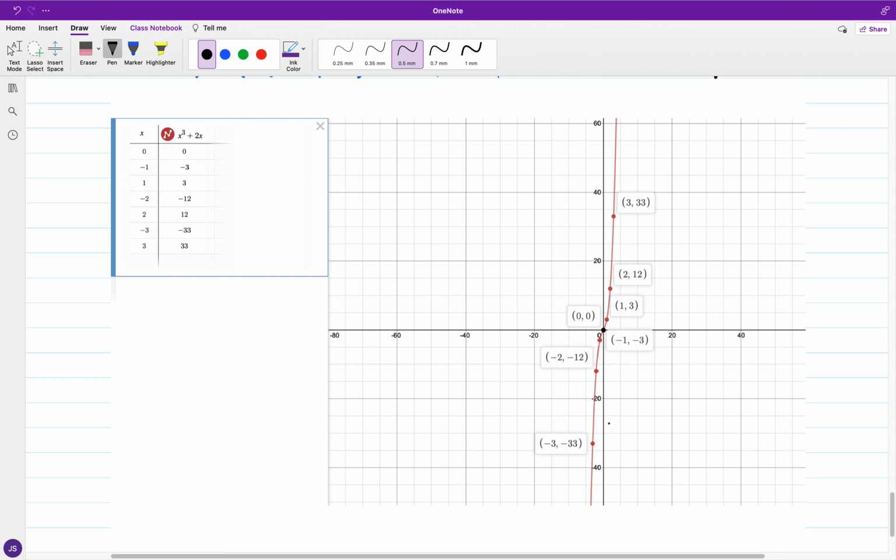So I'm just reflecting across the origin, like these two halves are mirroring each other, where this part is up to the right to the same intensity, that part is down and to the left. So this is a sample of what we have with an odd function.